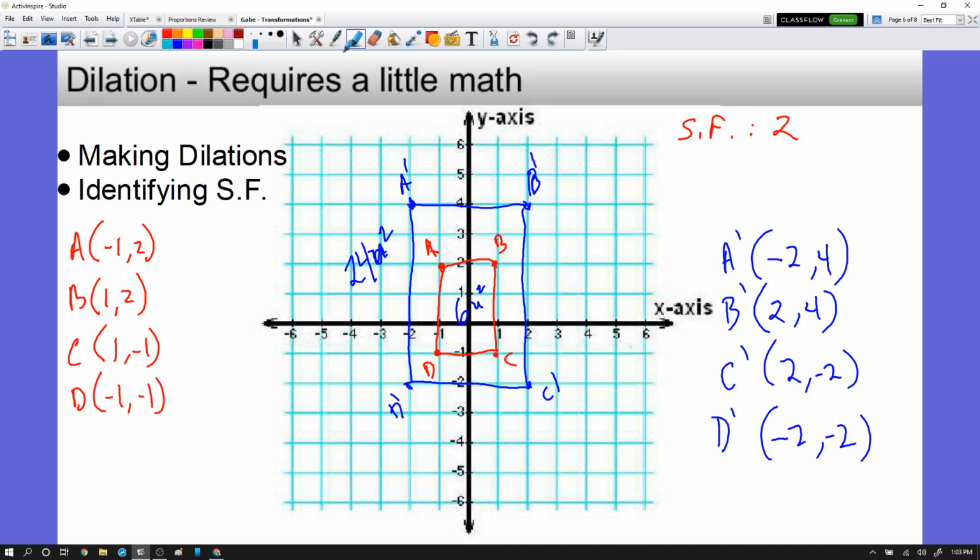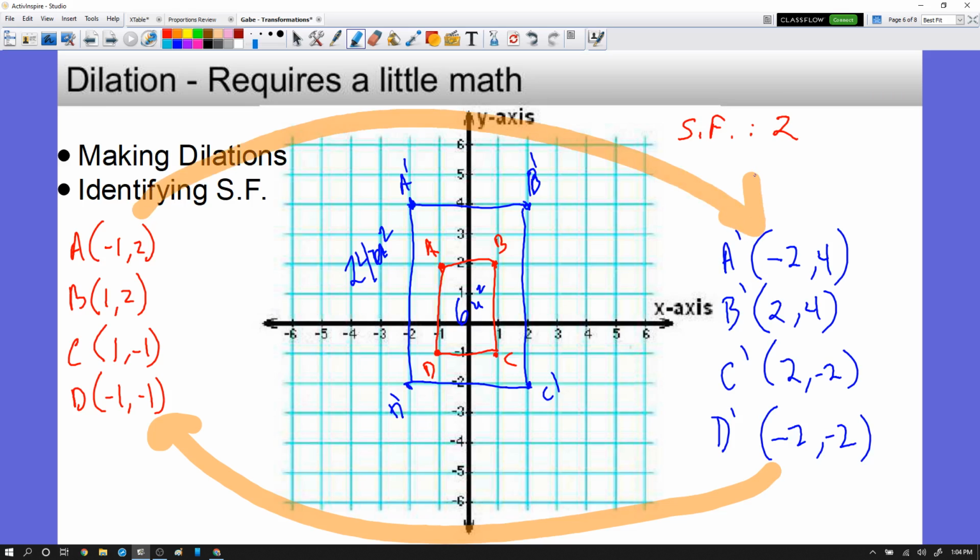Anyway, here is the way to check in every sense of the way. So like if you were given all of your primes and you had to find the original, all you have to do is work backwards, okay? If you're given all of the originals and you had to work forward, all you do is go that way and use your scale factor. So all you do is start with the number that you were given. So we're talking about a figure getting bigger, right?